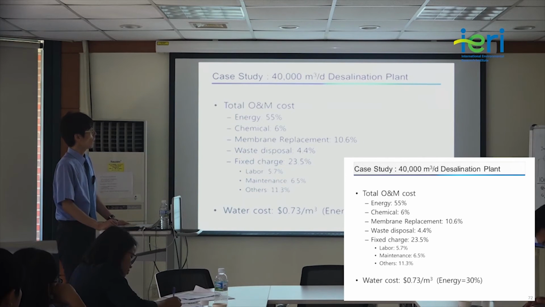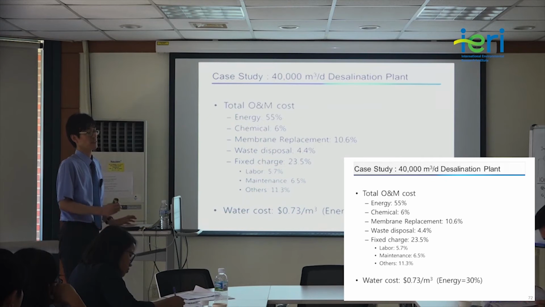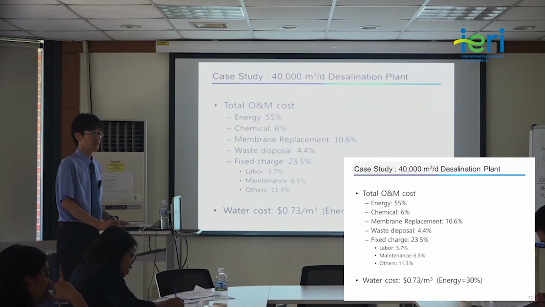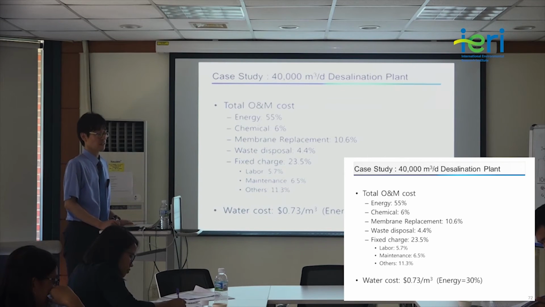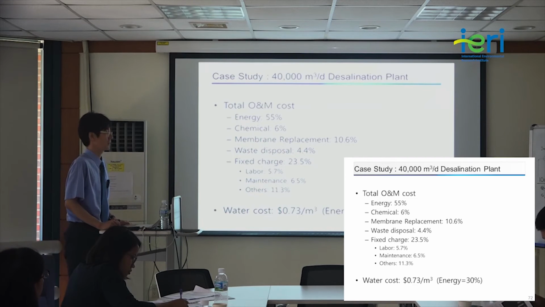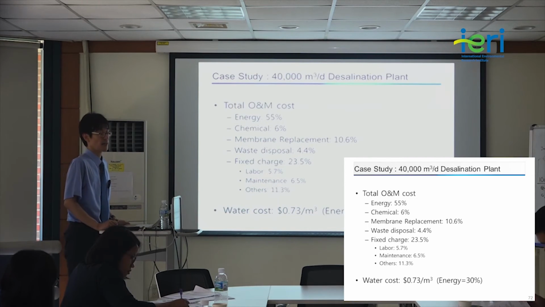So by having all these numbers and assuming that this plant is going to be operated for the next 20 or 30 years, the water cost that includes the capital cost and operational cost was 0.73 dollars per cubic meter. And in this analysis, the energy cost was 30%.